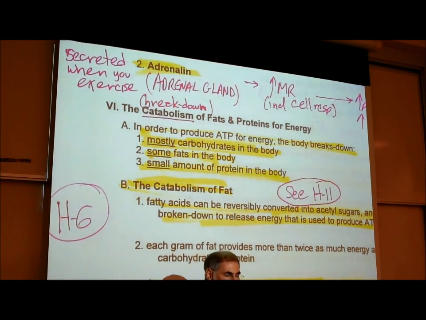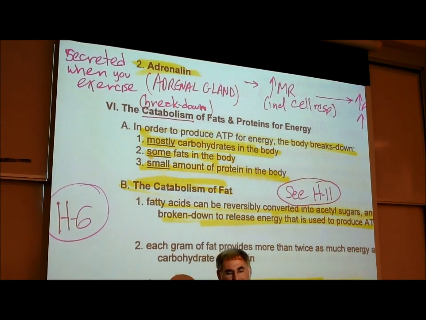So the catabolism means the breakdown of fats and proteins, right? Catabolism, catabolic, like catastrophic, things break apart. Now, the way that our body and all other living things work, we'll focus on us, is that our cells prefer to use carbs, sugars, as the food that they break apart to produce ATP.